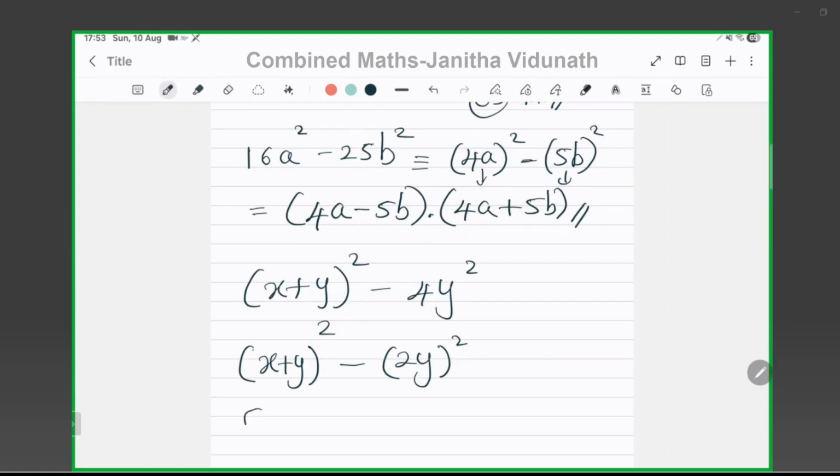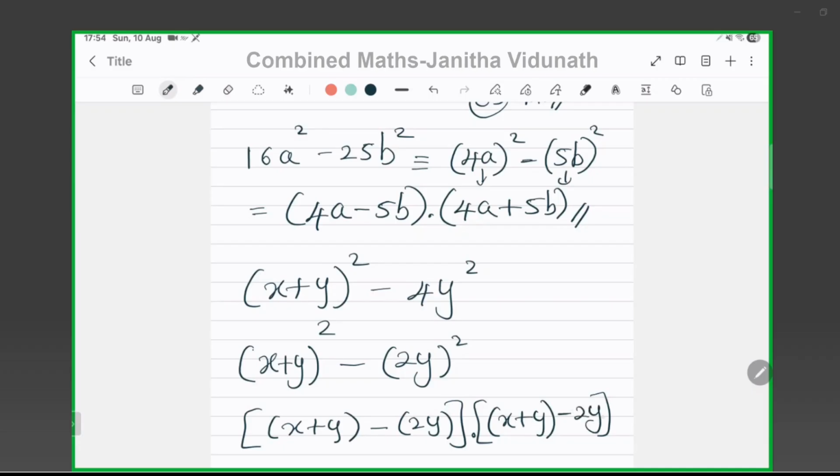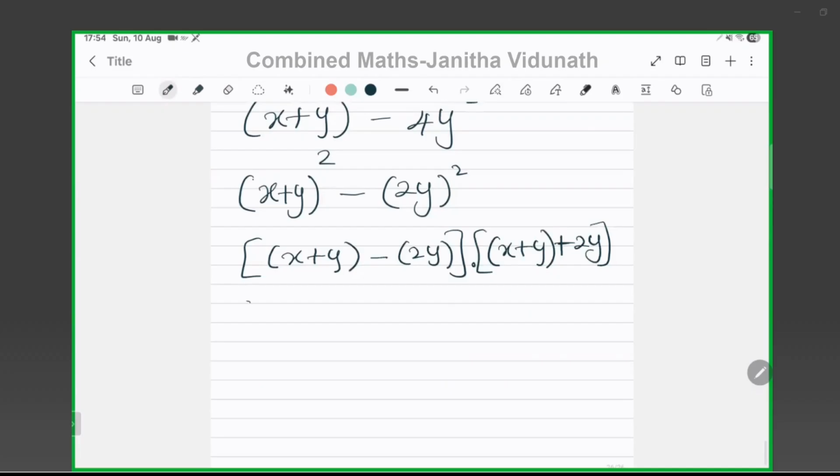Then the first term is x plus y minus second term 2y. Then in the next bracket, first term is x plus y, then the second term is plus 2y. Inside the first bracket, we have x plus y minus 2y. In the second bracket, we have x plus y plus 2y.